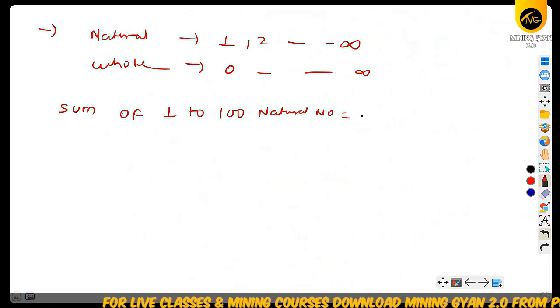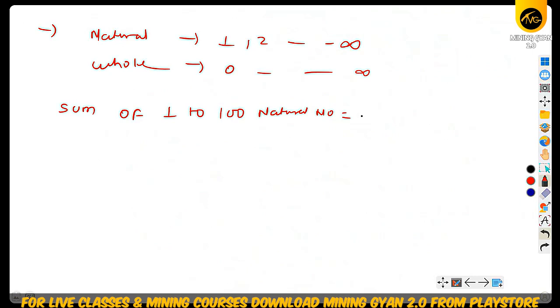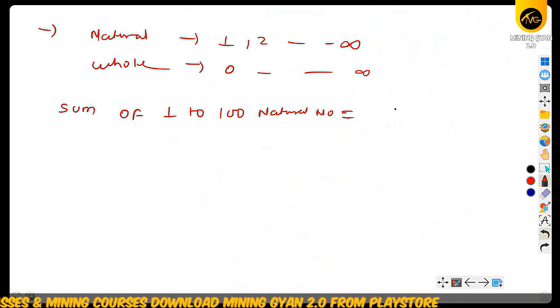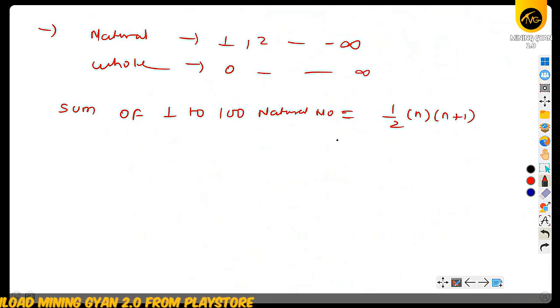In the number system portion, to find the sum of natural numbers from 1 to 100, you already used the formula, that is 1 divided by 2 into n into n plus 1. Remember?